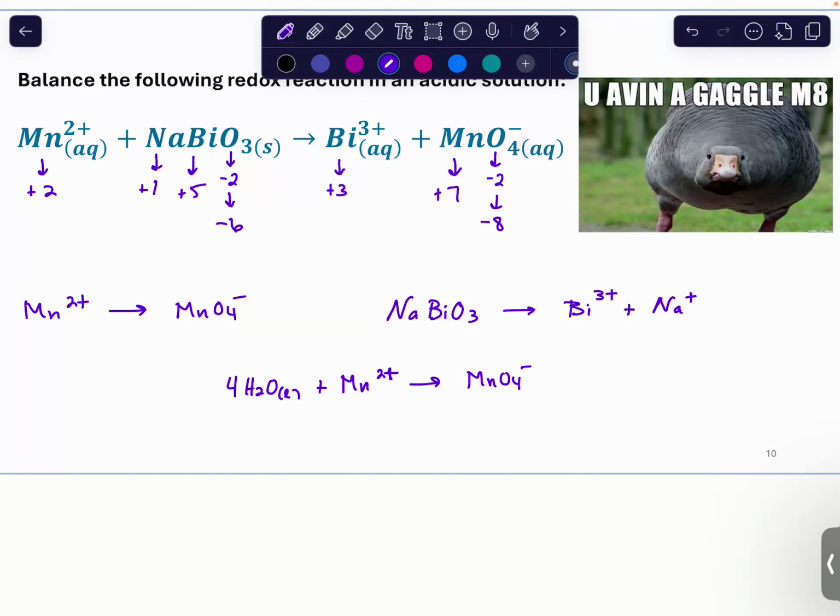Now, for the sodium bismuth equation, I have 3 oxygens on the left. I need 3 waters on the right. Okay, so I've done that. Now I need to balance all of the hydrogens using protons.